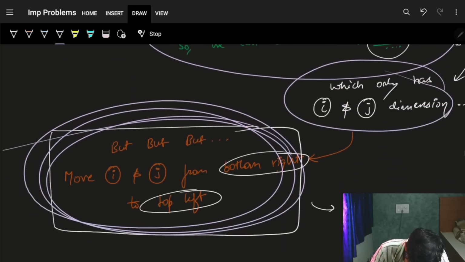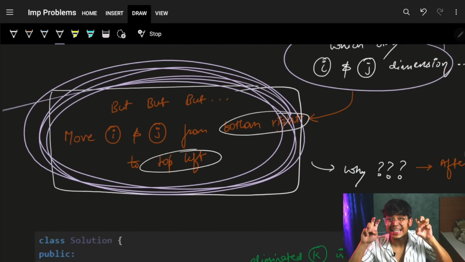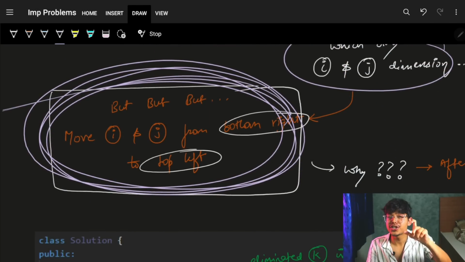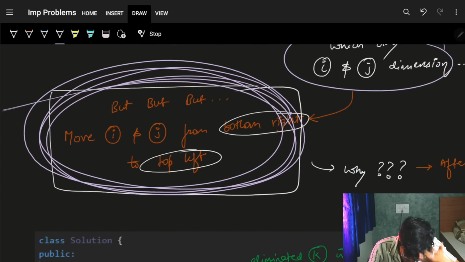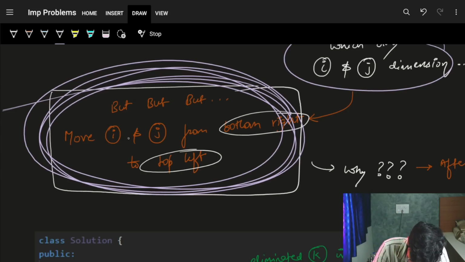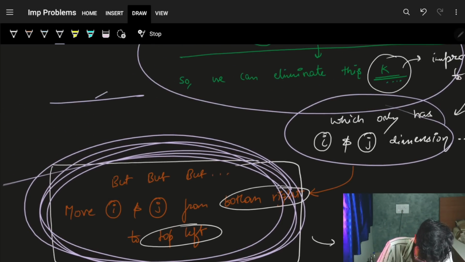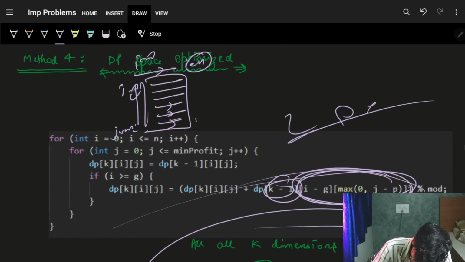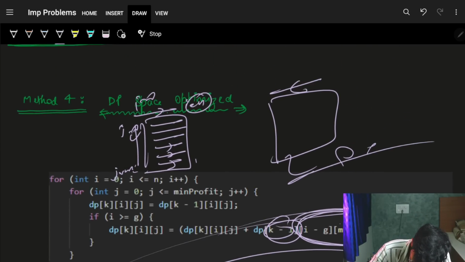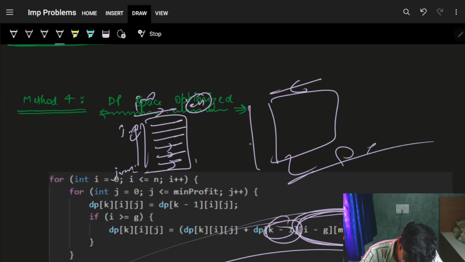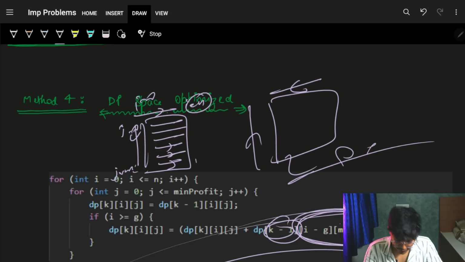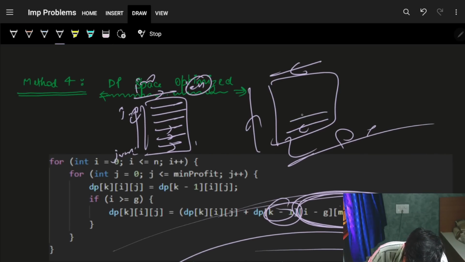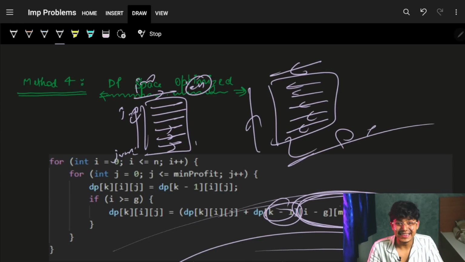But in this condition, when you are eliminating one dimension of your DP in your knapsack, you have to go from right to left, which means now your i will go from right and your j will go from bottom to top, which means ultimately you will iterate on your DP from bottom to top in this manner.